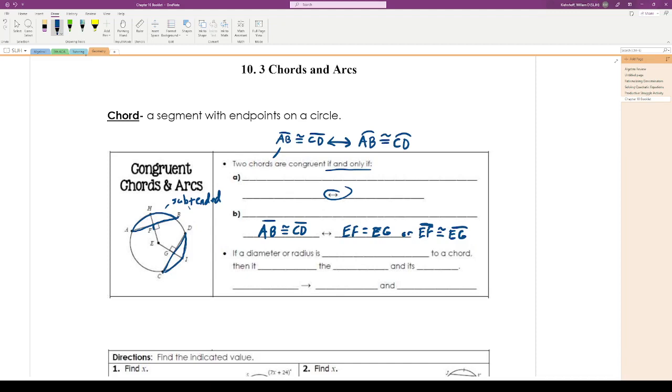To prove these things, you would use triangles or maybe kites. If I were to draw the radii to the endpoints of these arcs, we know that those radii are equal. Then we have related the central angle, like this angle here, to the arc measure.